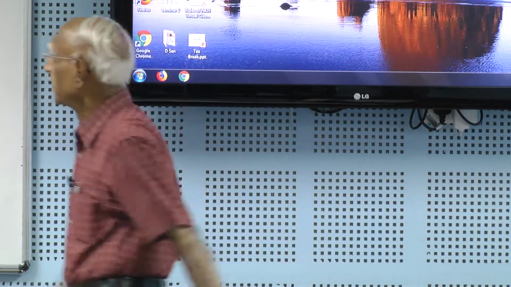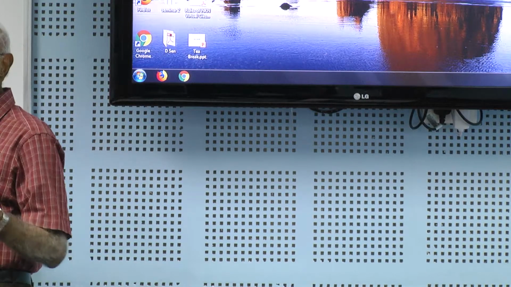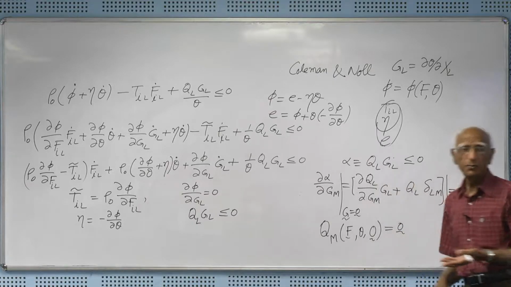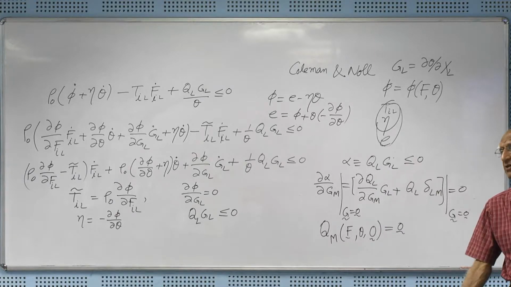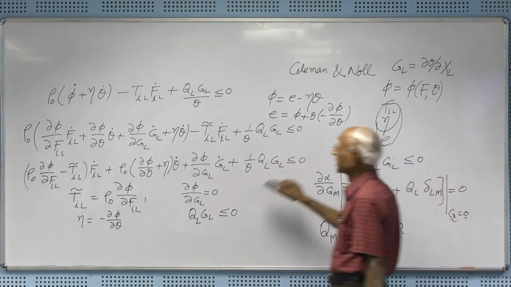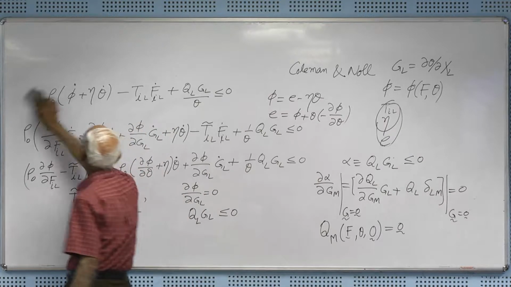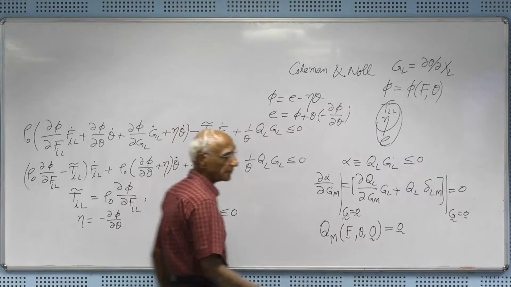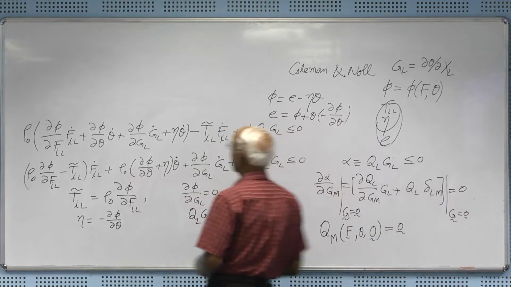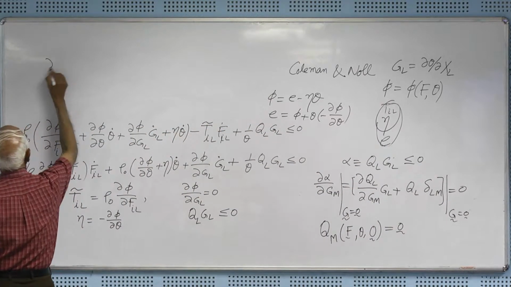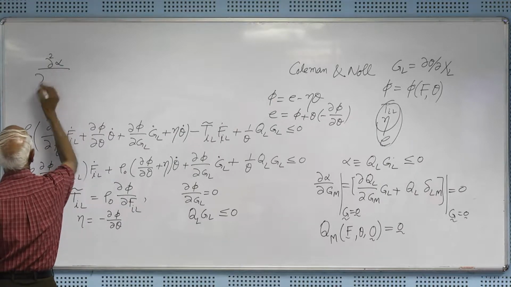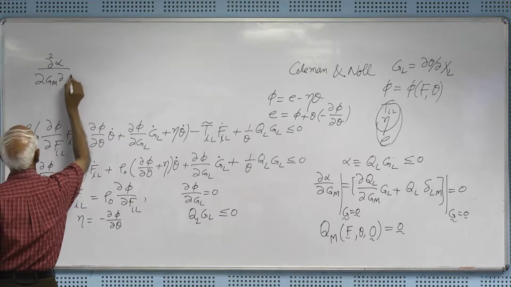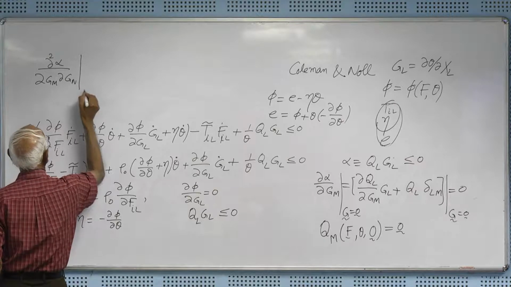So what can we say about the second derivative? Because alpha is maximum when G1, G2, G3 are zeros. So the second derivative of alpha, delta squared alpha over delta Gm Gn evaluated at G equal to 0.